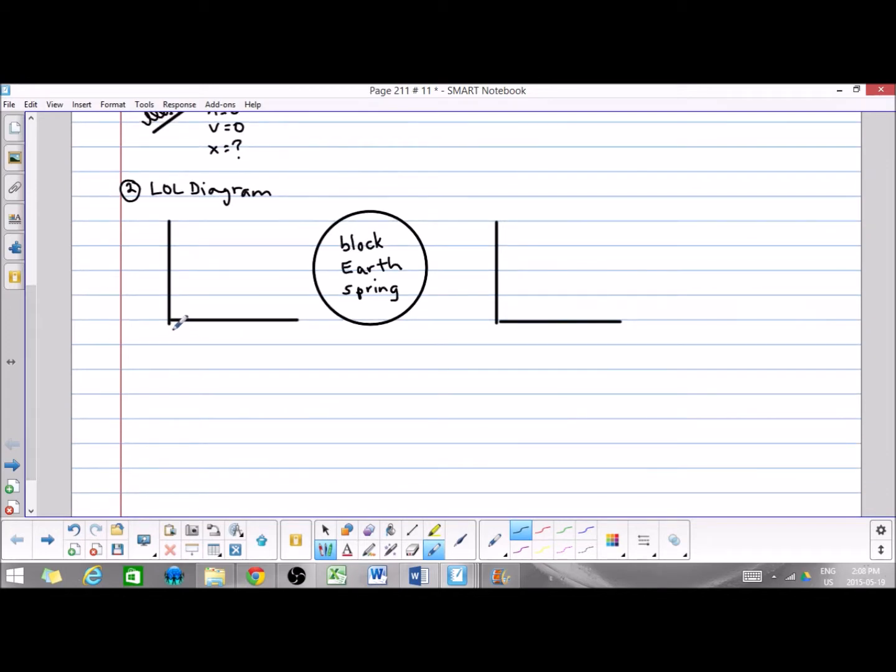So as well as EG and EK, we will have a bar for the elastic potential energy. These three types of energy will add up to the total mechanical energy.